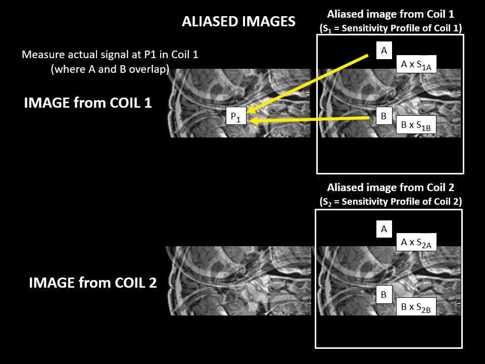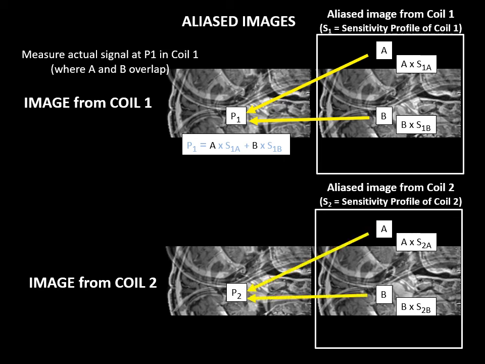So A and B overlap at point 1, and we can measure P1. So we know what P1 is. We know what the signal intensity of coil 1 is at point A and at point B. The only thing we don't know is the true values of A and B.